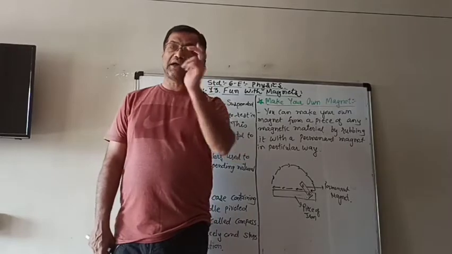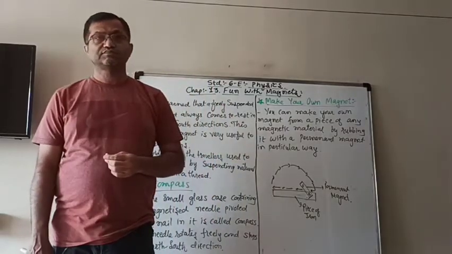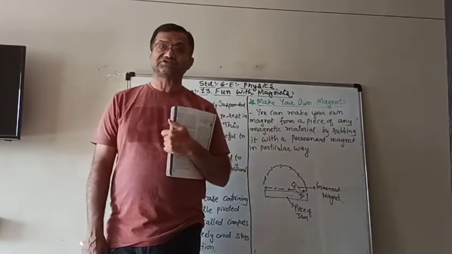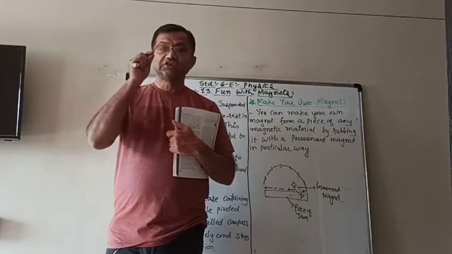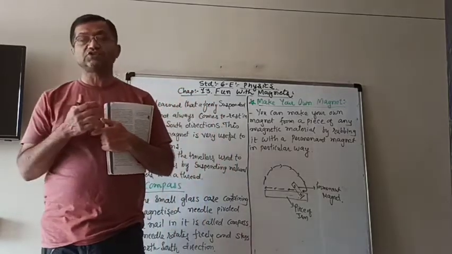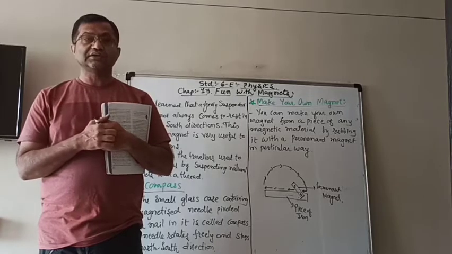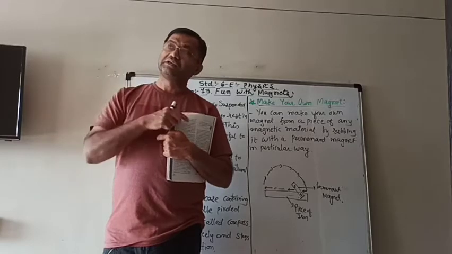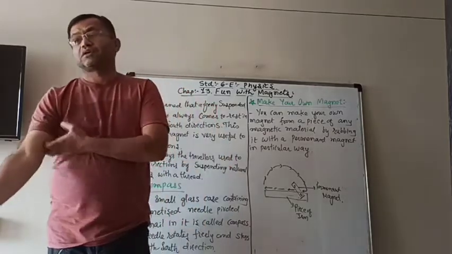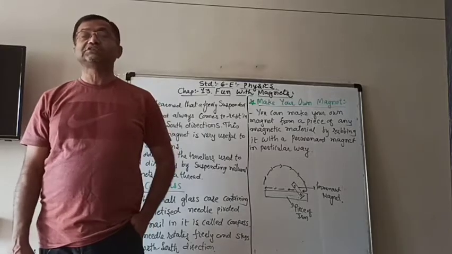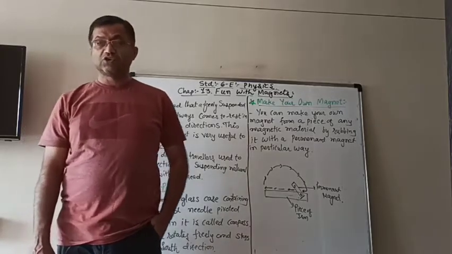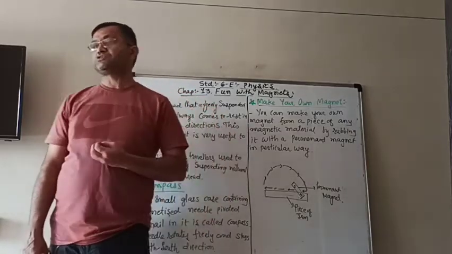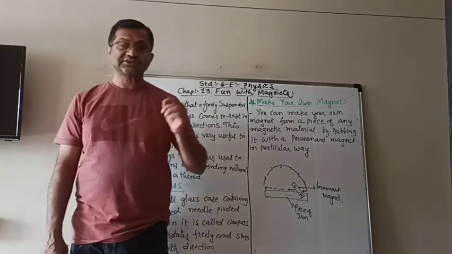If you turn it in any way and let it rest again, it will again come to rest in the north-south direction. By this way we can decide the north pole: the end which comes to rest in the north direction is known as the north seeking end or north pole, and the other which comes to rest to the south is known as the south pole.